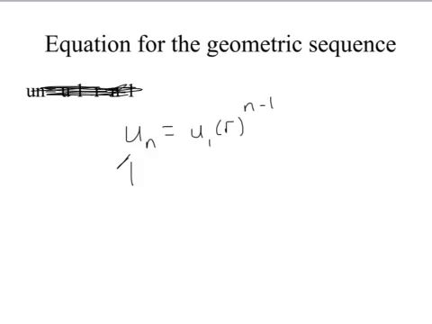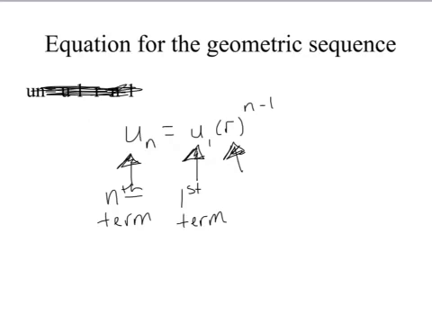Remember, this is the nth term. u1 is the first term in the sequence. r is the multiplier. And n is the position number of the term.